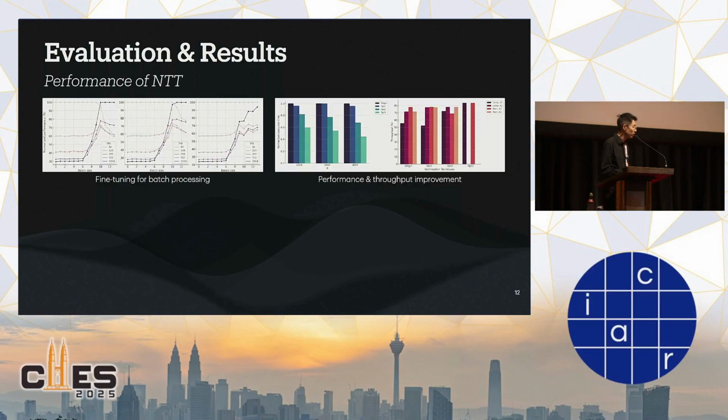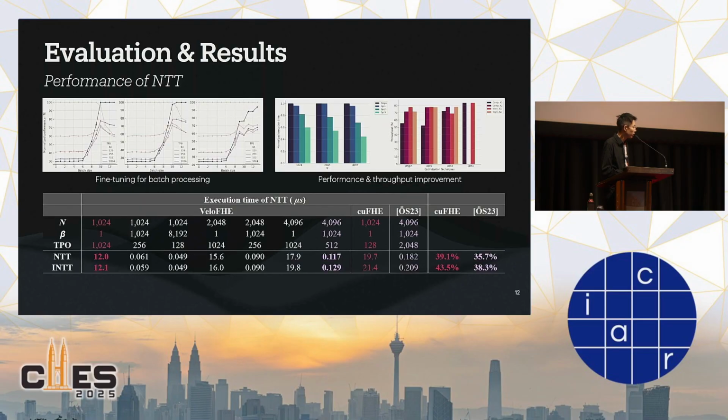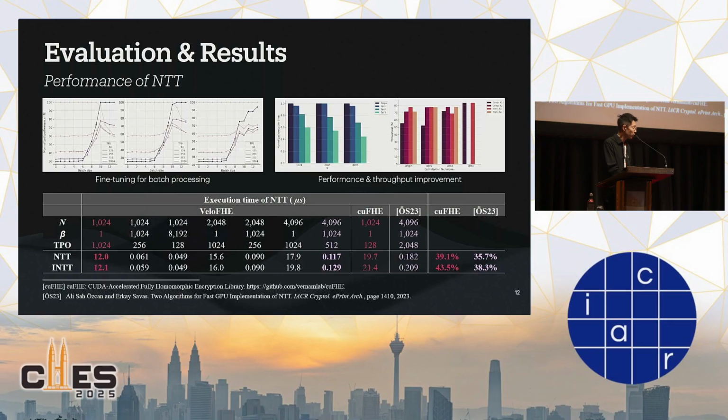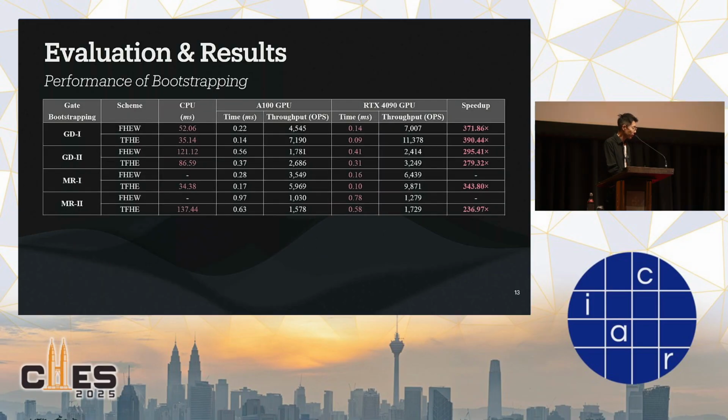And for the performance of NTT, we have a lot of graphs inside our paper. This table shows around 40% speed up compared to previous work. This is the previous work, OS 23.